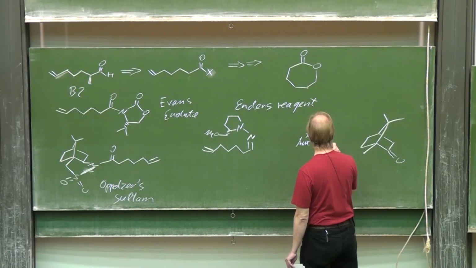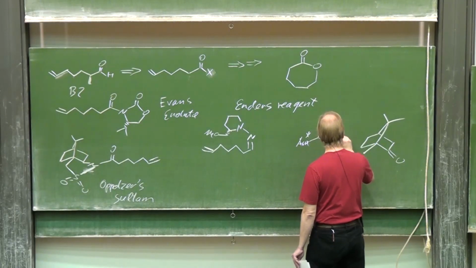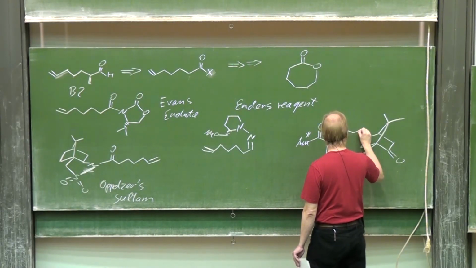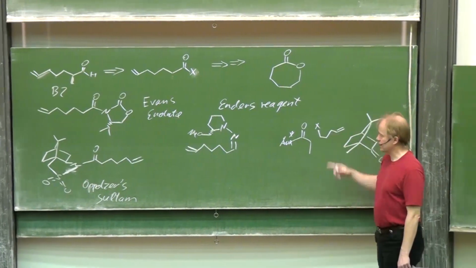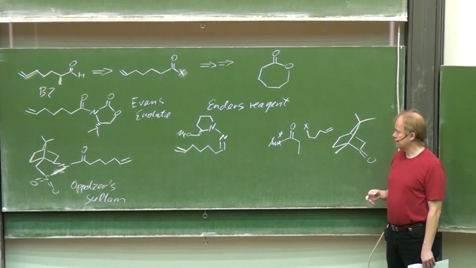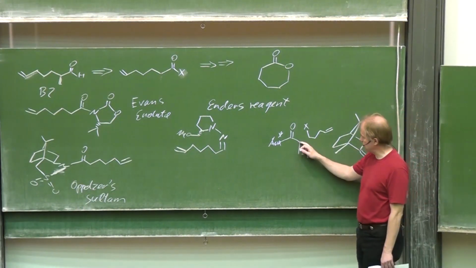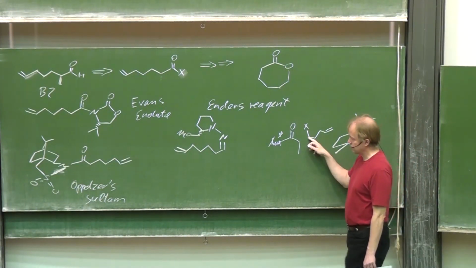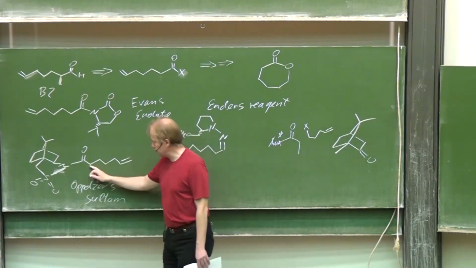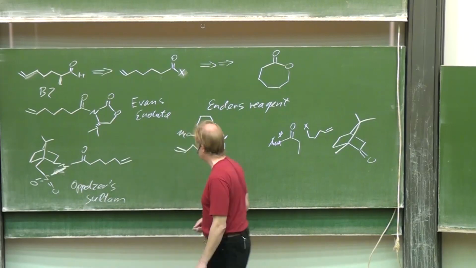So, what do you need then? Something like that. You could do that, of course. Same result. Yeah? So, deprotonating here, connecting there. It's the same result as deprotonating here and adding a methyl group there. Okay?